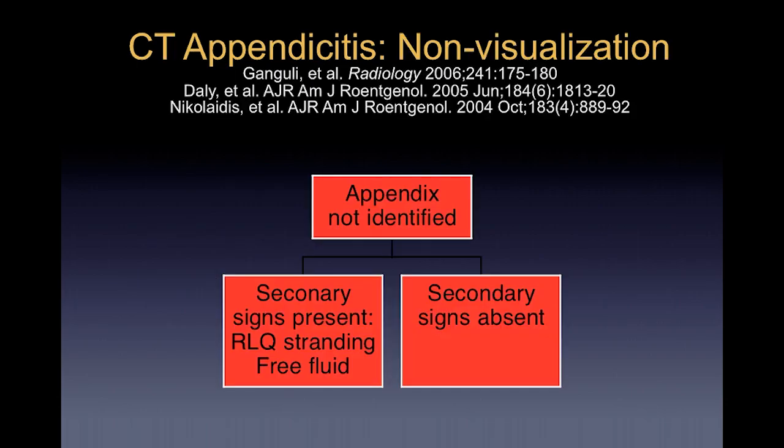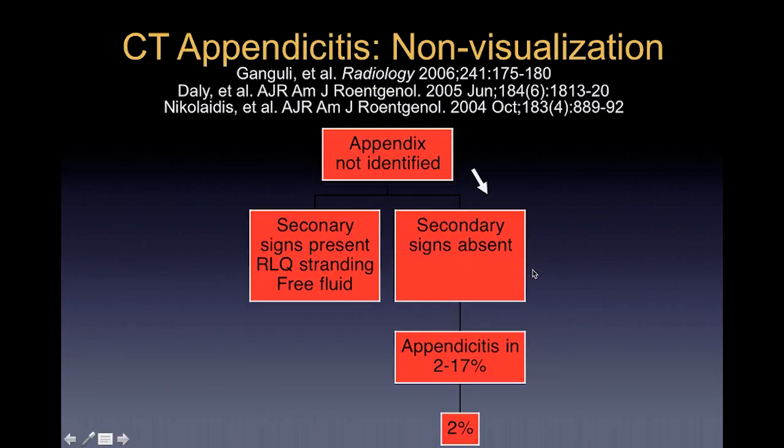So what do we do in that scenario where the appendix is not identified? There are two possibilities, and I'm going to go down both sides of this algorithm separately. The first scenario is where you don't see the appendix, but you don't see anything else going on. So no inflammation, no stranding around it, this side of our pathway. Now for a while, studies showed some range of likelihood of appendicitis in that circumstance.